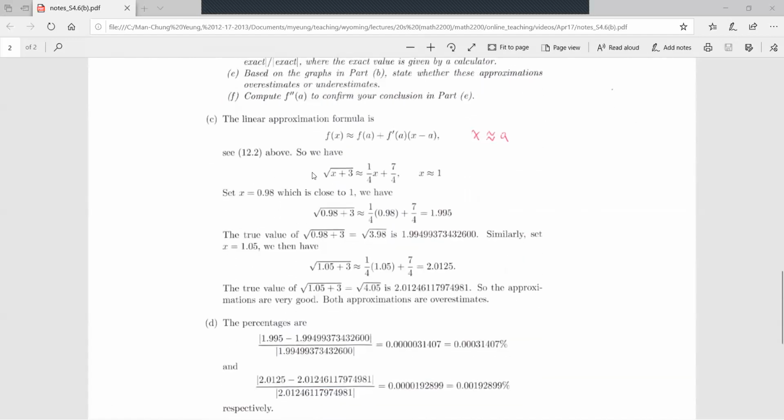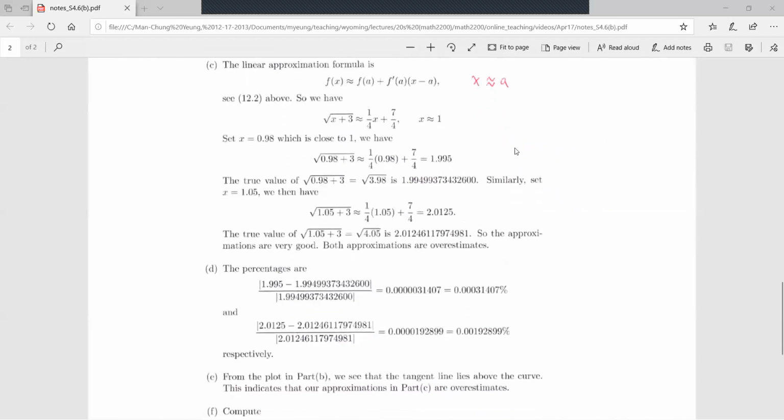Now let me compute the percentage error for this estimate first. By formula, estimate minus exact value. Exact value is this. Then divided by the exact value. It is this number.